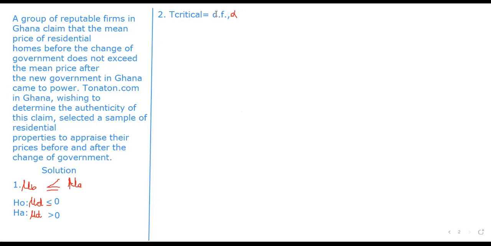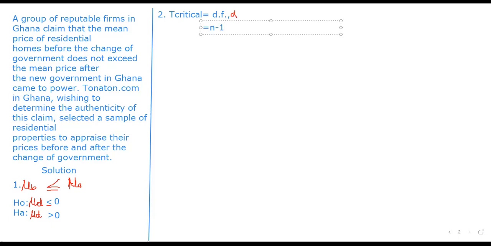So what is our degrees of freedom in this question? Now with paired samples, it's talking about two samples, but they were picked from the same population. So the degrees of freedom is still n minus 1.